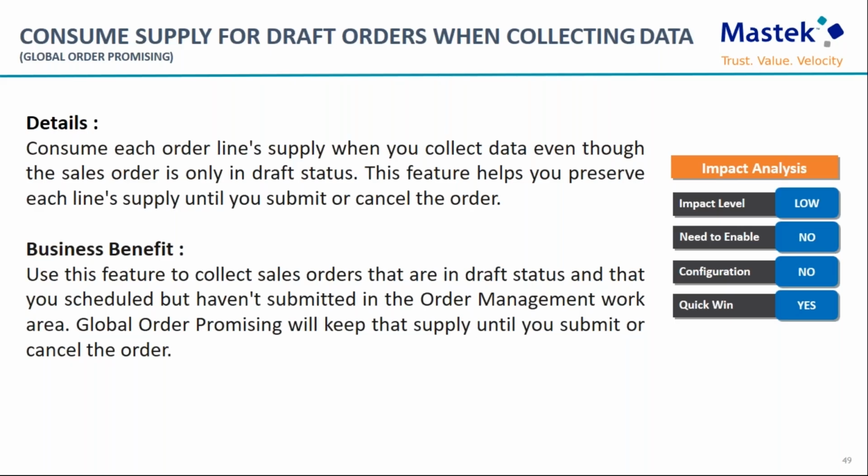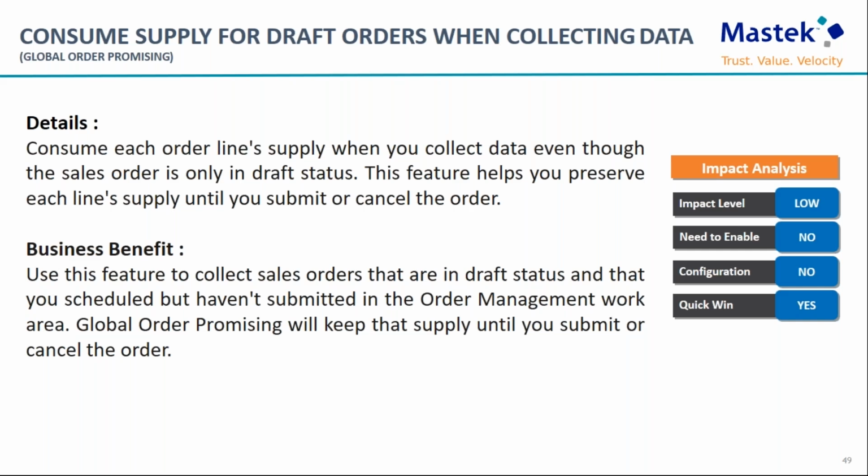The business benefit is that we can use this feature to collect sales orders that are in the draft status and that we schedule but haven't submitted in the order management work area. The global order promising will keep that supply until you submit or cancel the order.